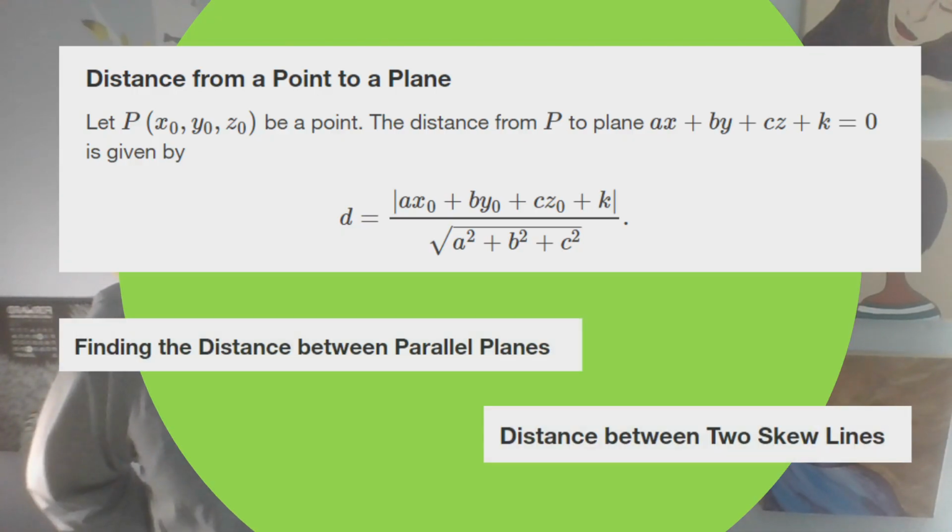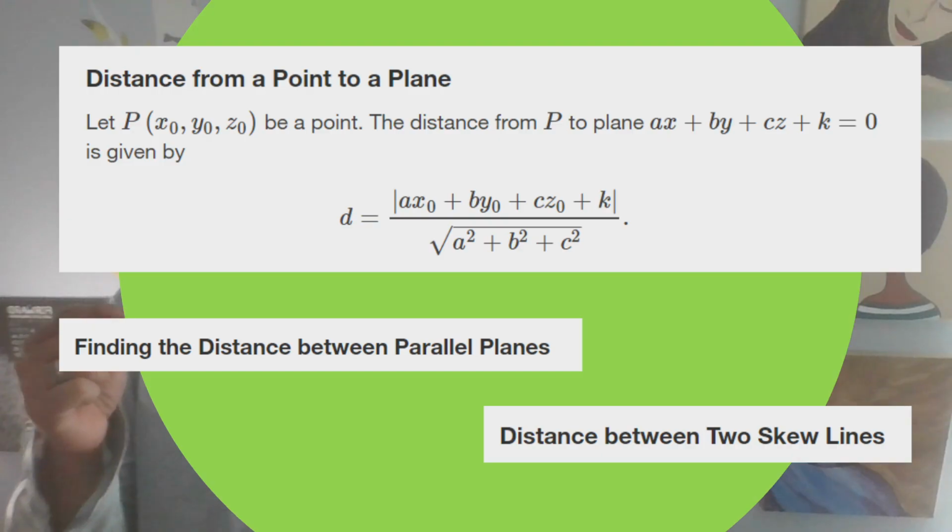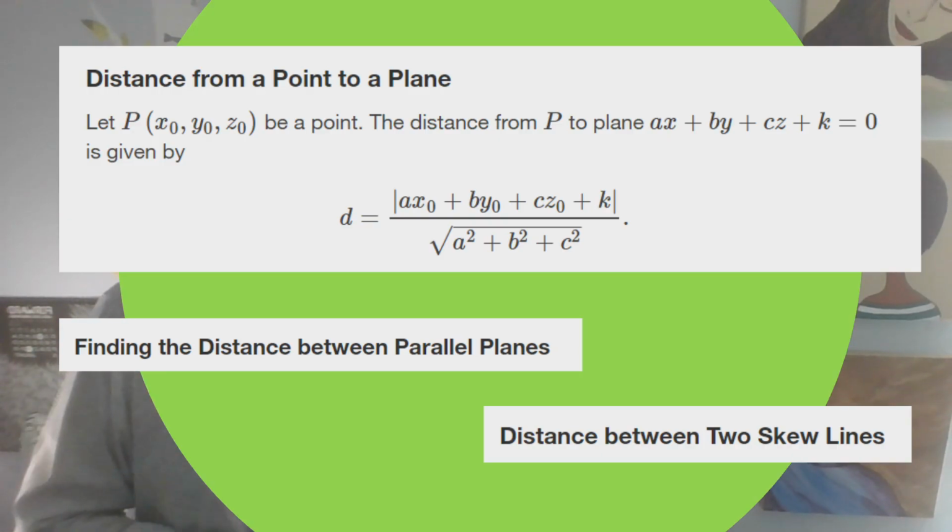Now that we have a distance between a point and a plane, we can find the distance between two parallel planes, because what we can do is keep one plane as a plane and find a point on the other plane, and then find the distance between the point and the plane. And you can also find the distance between two skew lines, because two skew lines actually lie on parallel planes. And so once you've found those two parallel planes, you can just find the distance between those two planes by finding the distance between a point and a plane.